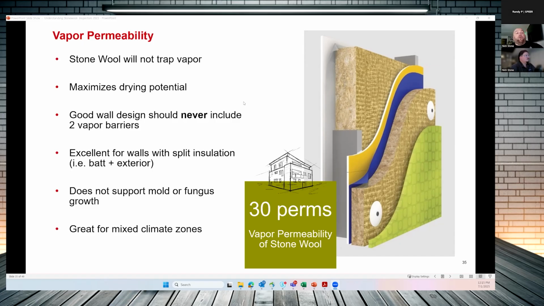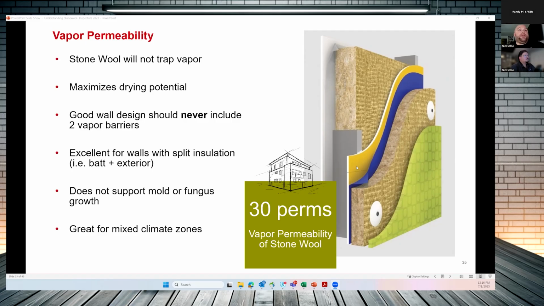Now, what can control this is your vapor control layer. For zone one, two, and three, that vapor control is going to happen out here at the sheathing location. That's going to control this hot, moist air from working its way to the inside, where it's cool and dry, and we could potentially get some moisture buildup in those areas. So we're going to have that vapor control layer out here.